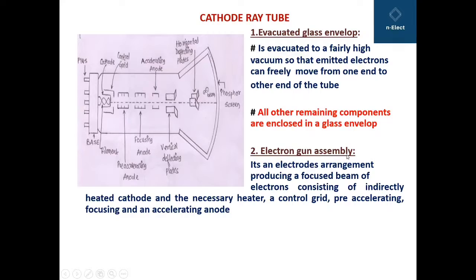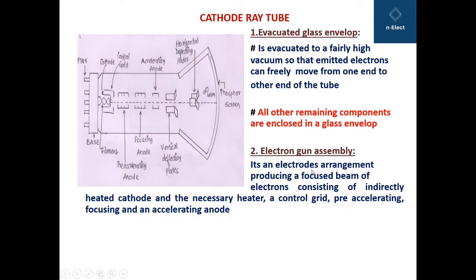Then the electron gun assembly. This electron gun assembly basically consists of a heater element, then cathode, then control grid, then pre-accelerating anode, focusing anode, and accelerating anode.